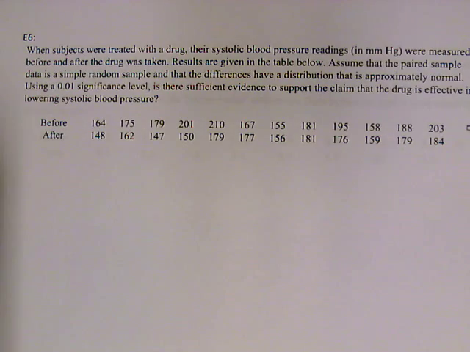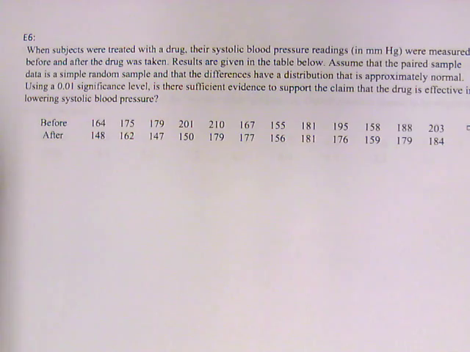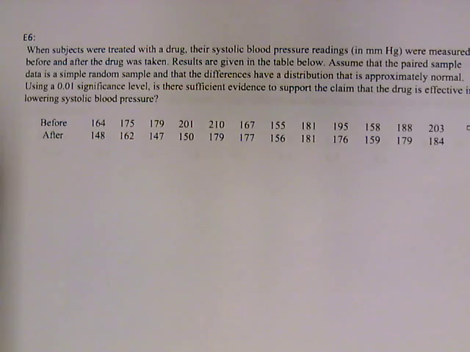Okay, one more problem out of this particular section for this video. When subjects were treated with a drug, their systolic blood pressure readings in millimeters of Hg were measured before and after the drug was taken. Results are given in the table below.